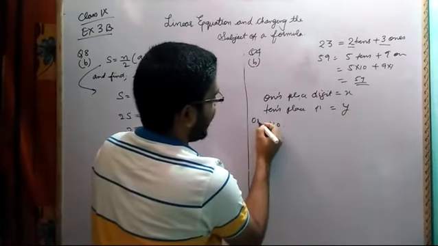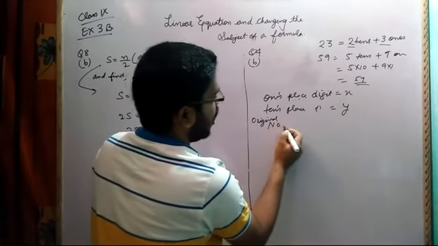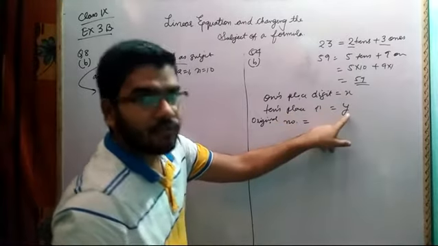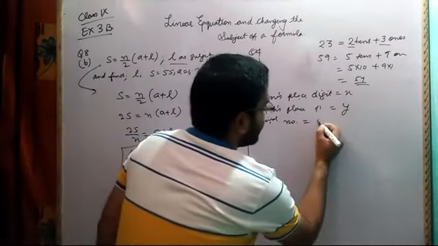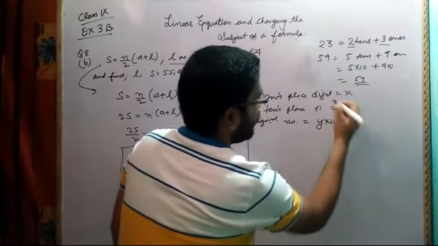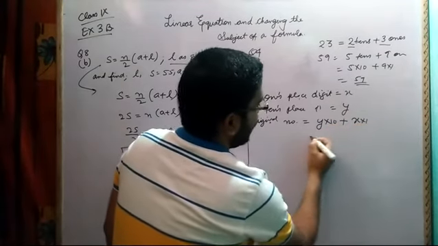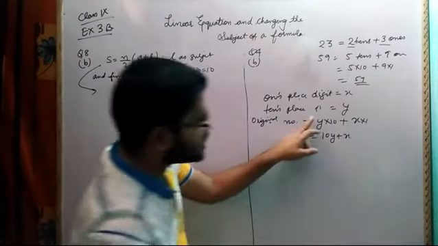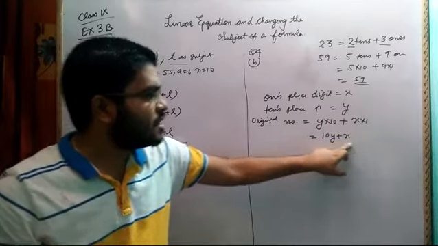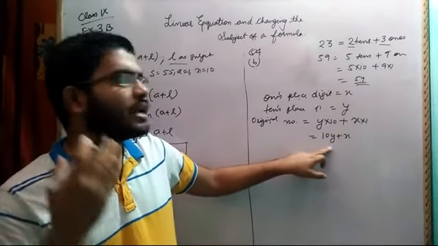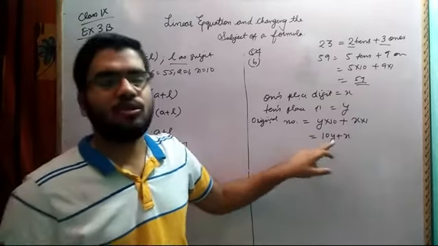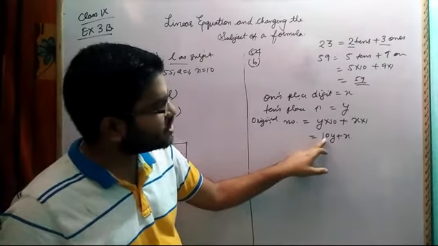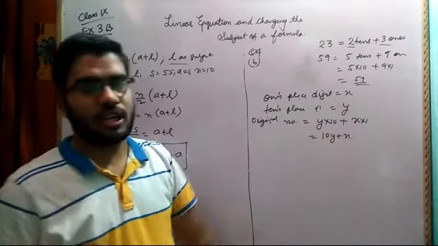We have y at the tens place, that means y into 10 plus the ones place x into 1, or you can write 10y plus x. No need to write this sentence; I am just writing it to make you understand. Otherwise, you are all smart enough, you are all in class 9. Hope you will be able to frame the equations. Now ones place x, tens place y, so 10 into y plus x. This is my original number.